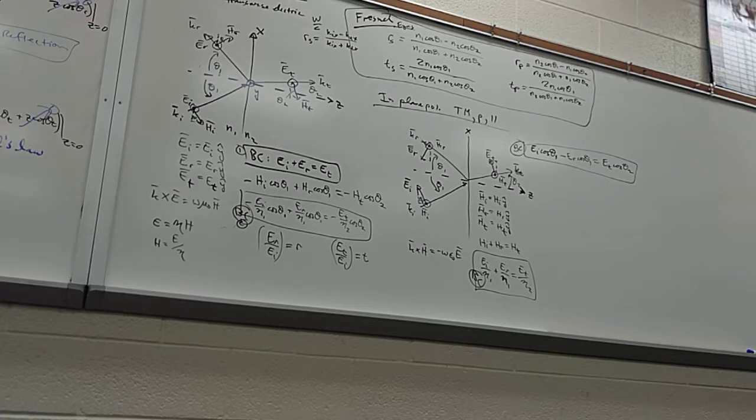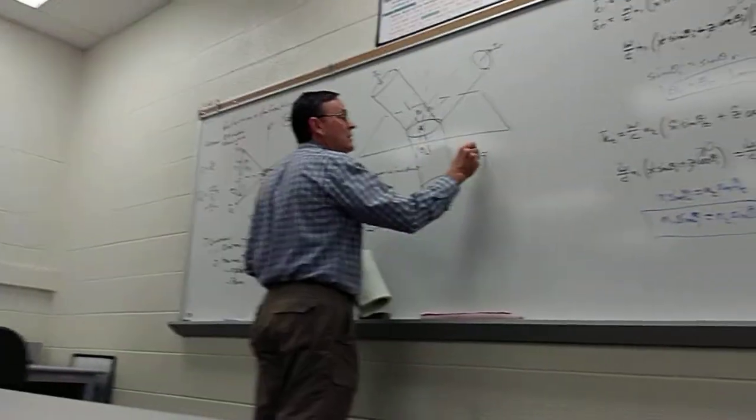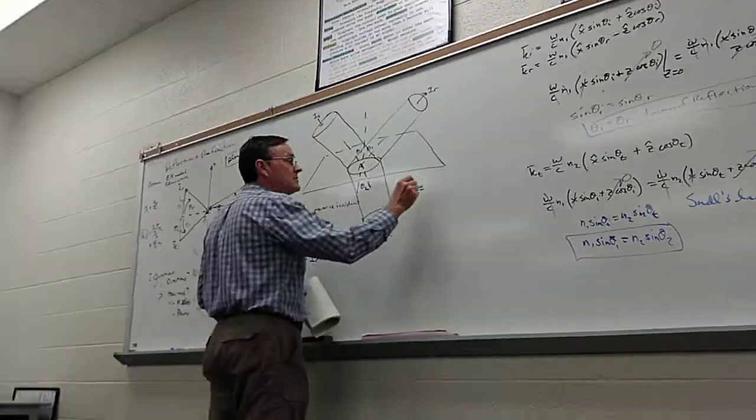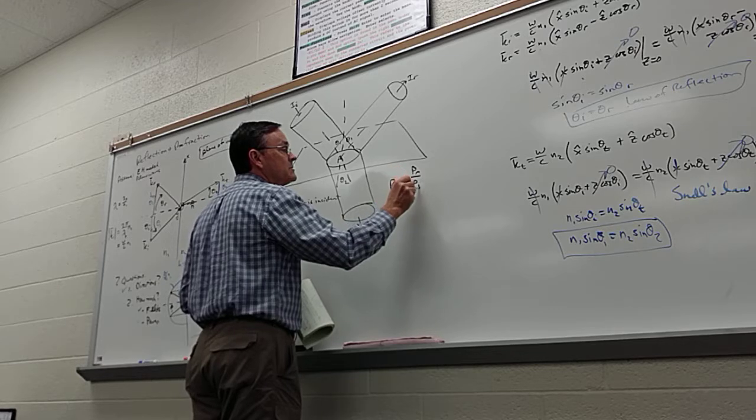Okay, so now what about the reflected power? What is that in terms of the reflected irradiance? I_R A cosine theta 1. Yep. Okay, so now let's define R, capital R, as the ratio of the reflected power to the incident power.